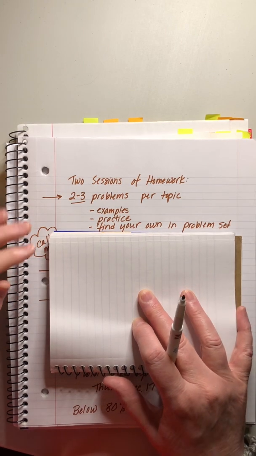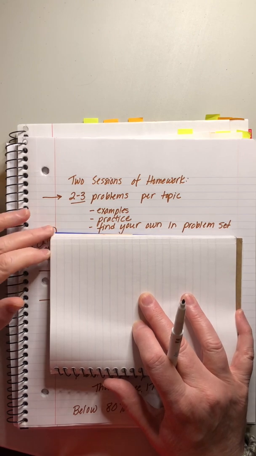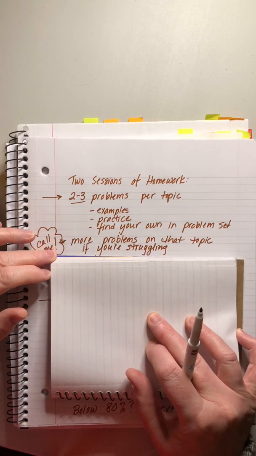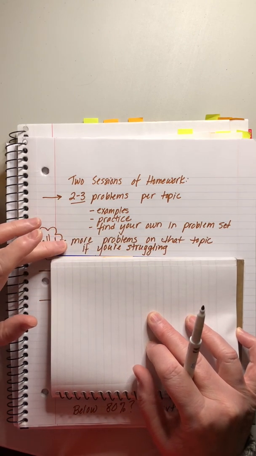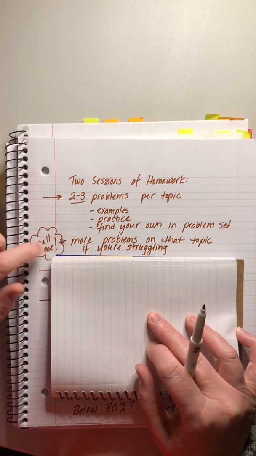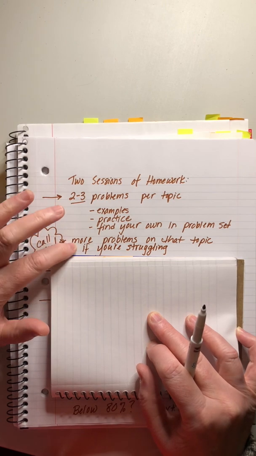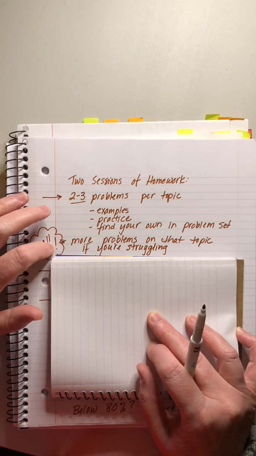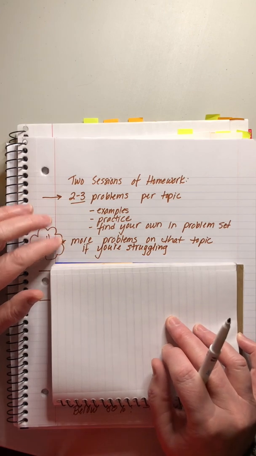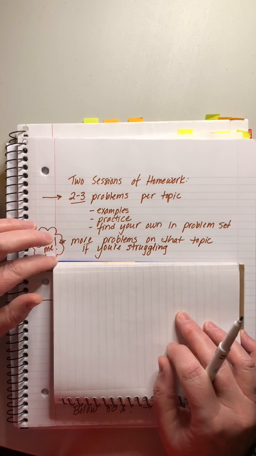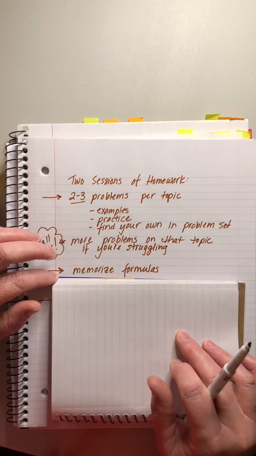If you feel either confused or you're getting some wrong, do more problems on any topic that you're struggling on. But I also want to hear from you. When you get to this point, I want you to text me your list and say, oh, these are the ones that are freaking me out a little bit, all right? We don't have to talk about it. I just want to see what's on your mind.